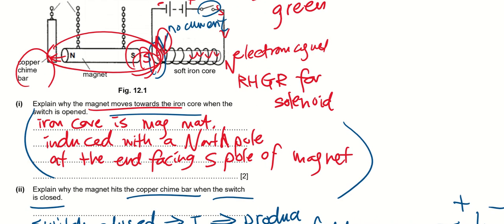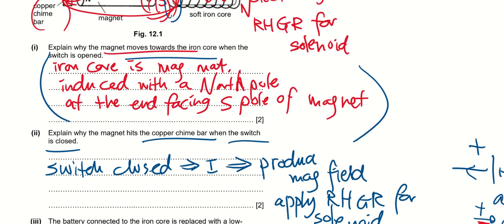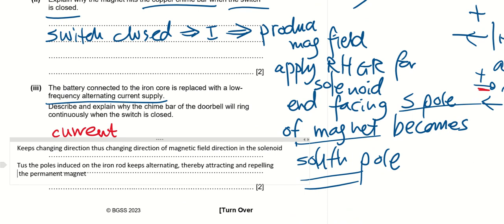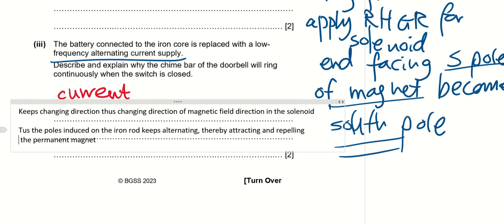If it gets attracted, it will not hit the chime bar. If it gets repelled, it will hit. Hit, don't hit, hit, don't hit. That's why it will keep ringing. Okay, the current keeps changing direction. Are you all listening?